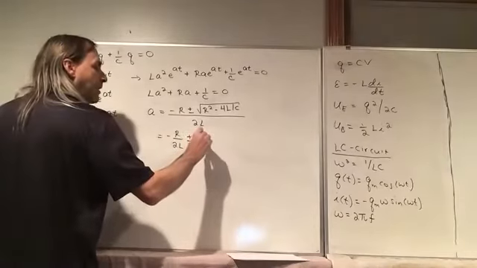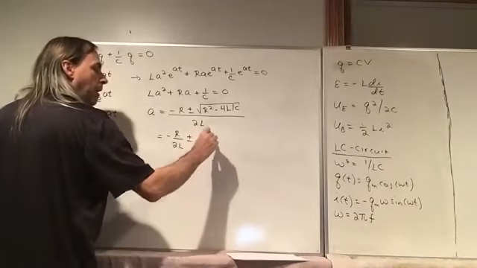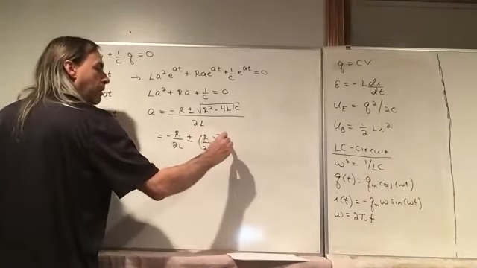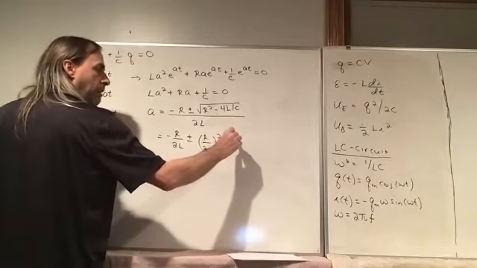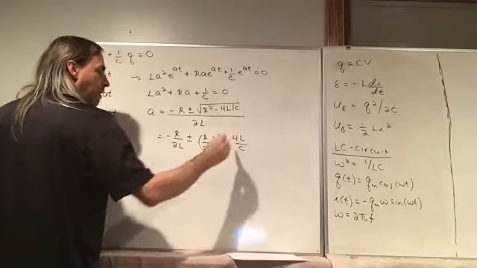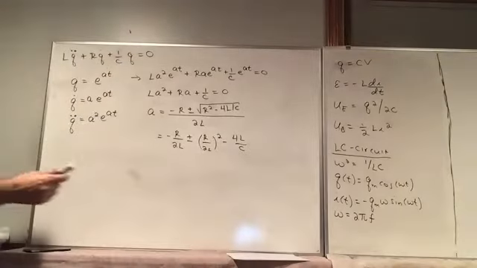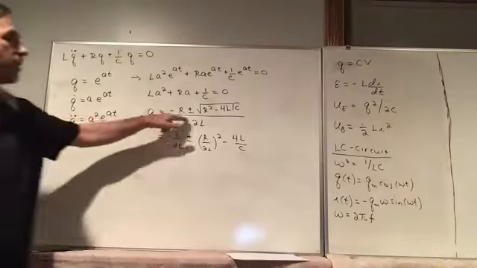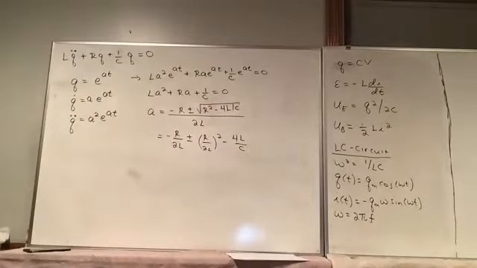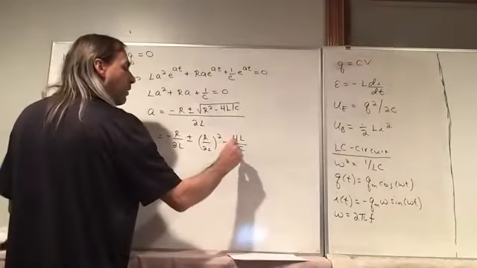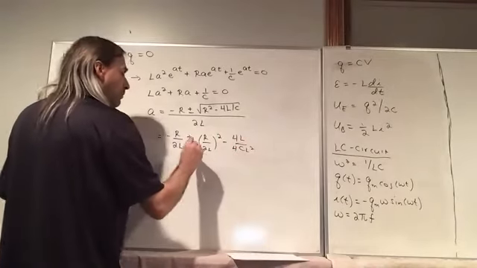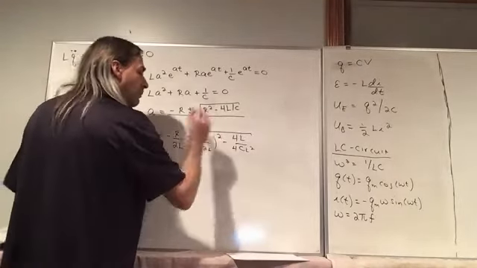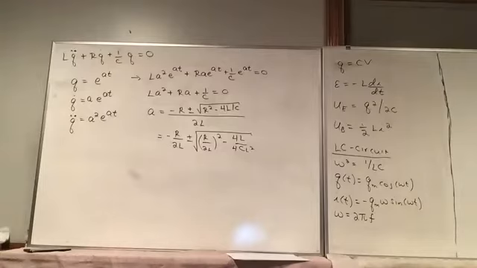So what we would have is R over 2L in parentheses squared minus 4L over C. But then we're dividing by 2L, put it under the square root, we have to square it. So this would be 4L squared. So the 4's cancel out, one of the L's cancels out.